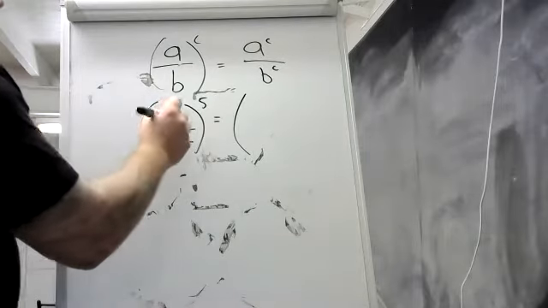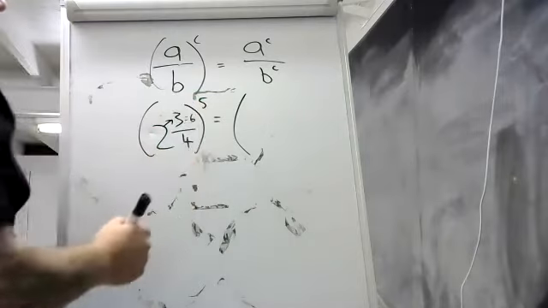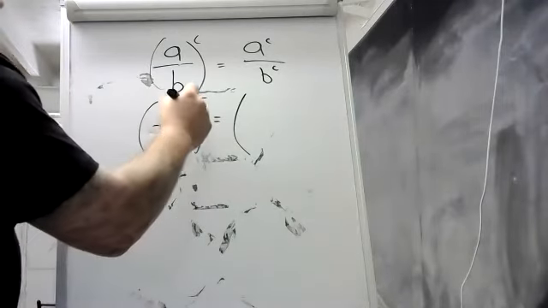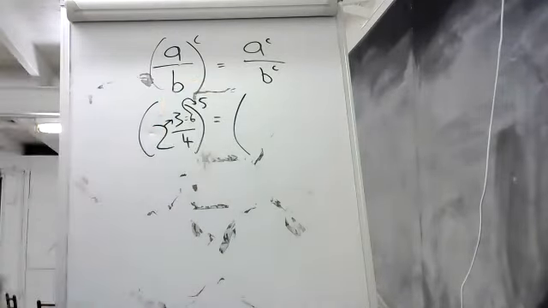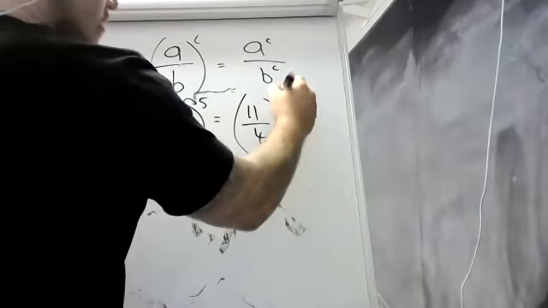So we have 2 times 3 gives us 6. Then we add the power of 5. So it'll be 11 over 4, still to the power of 5.